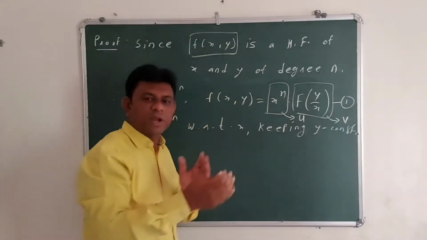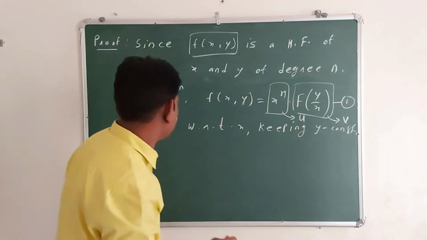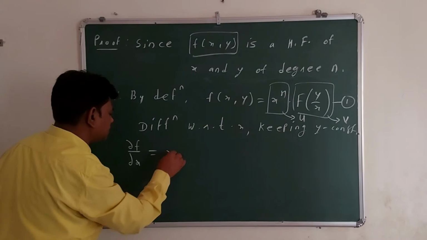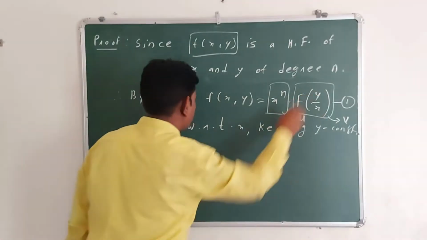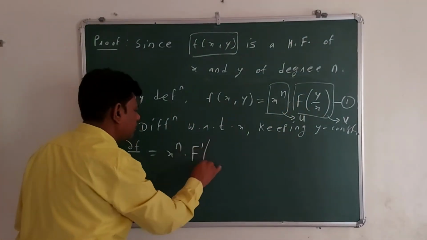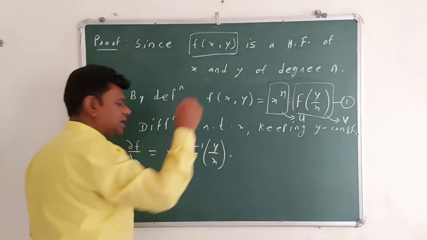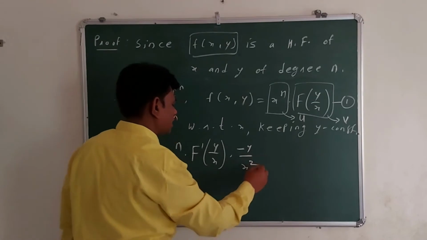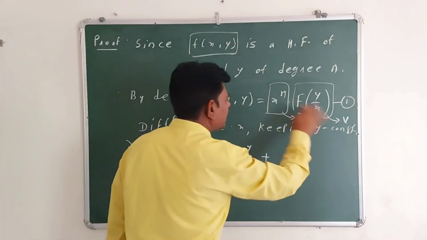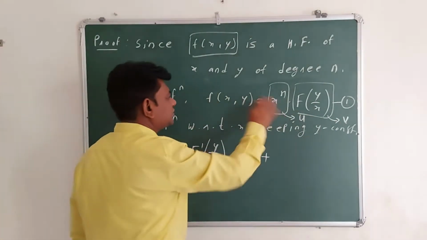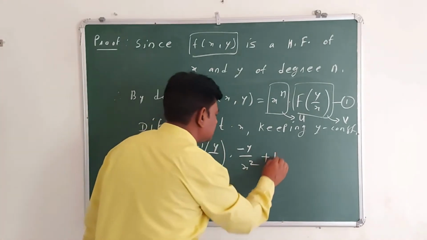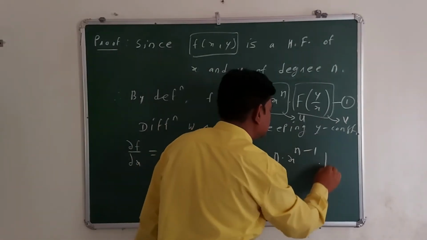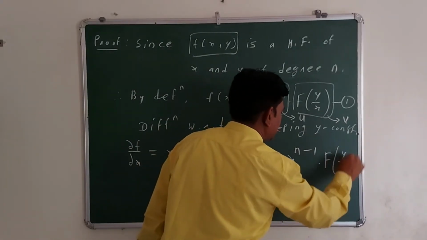By applying the product rule of differentiation, u as it is, derivative of v, means x to the power n as it is, derivative of f of y by x, the answer is f prime of y by x times the derivative of y by x, which is minus y upon x square, plus v as it is, derivative of u, means derivative of x to the power n, the answer is n times x to the power n minus 1, and v as it is means f of y by x as it is.